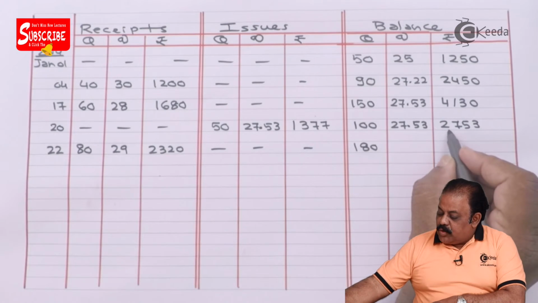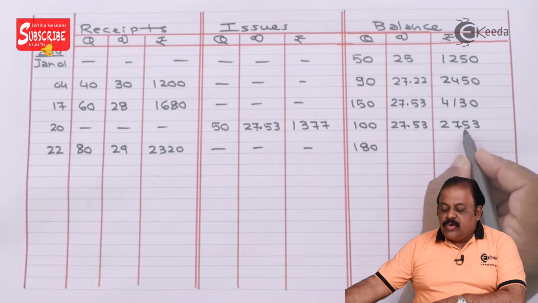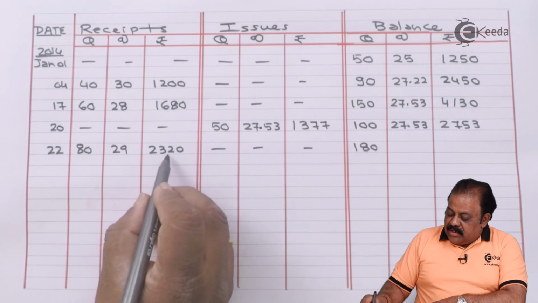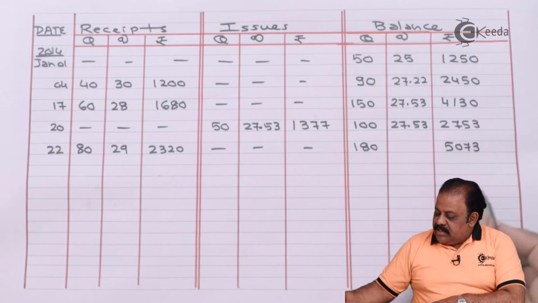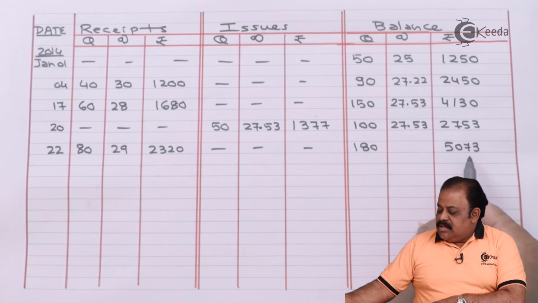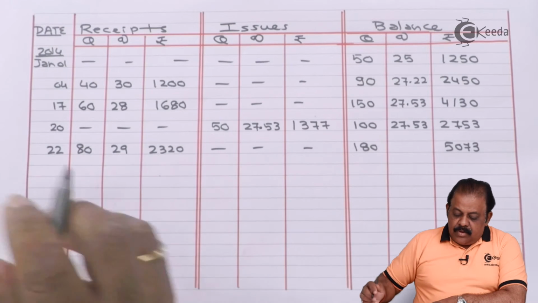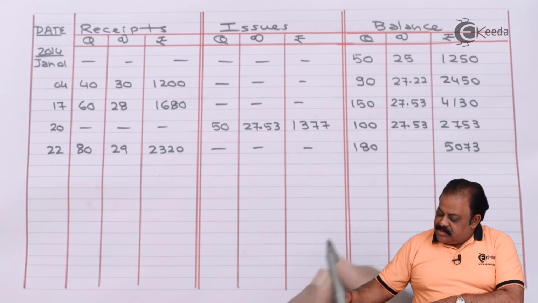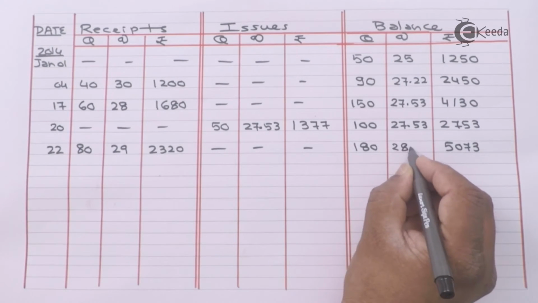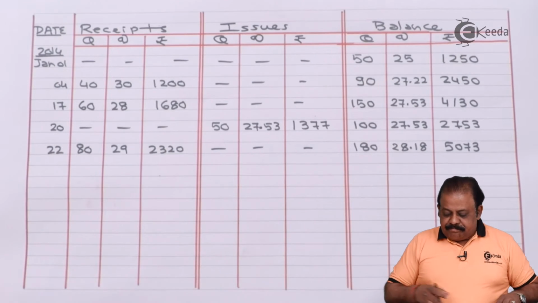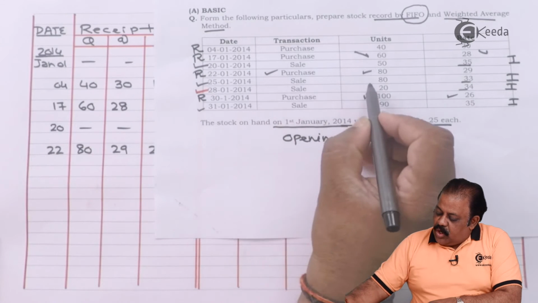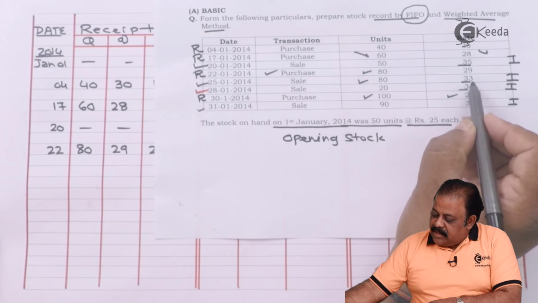Existing stock has a value of 2753. To this we will be adding 2320. So it is 5073. This will be divided by 180 to arrive at the weighted average price, 28 rupees 18 paise.